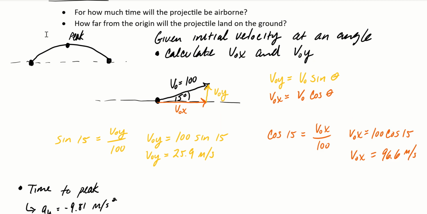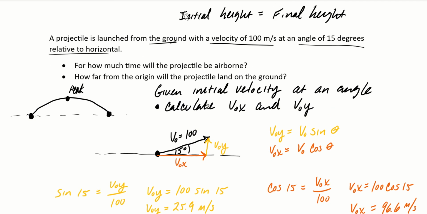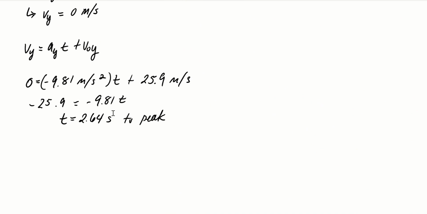Now, for a problem where the initial height is equal to the final height, that accounts for half the time. So if the initial height is equal to the final height, if I want to know how much time the projectile will be airborne, the time to peak accounts for half of the time.